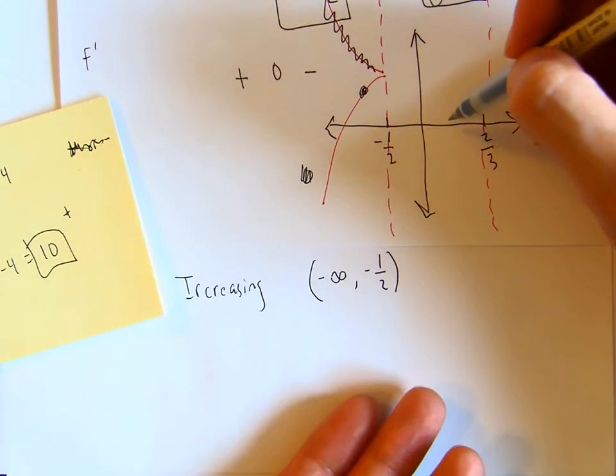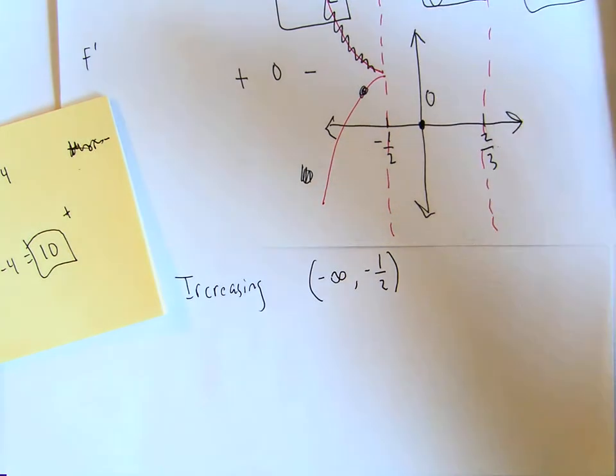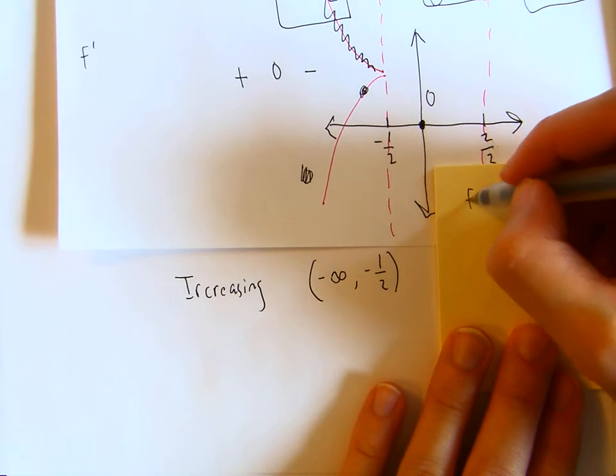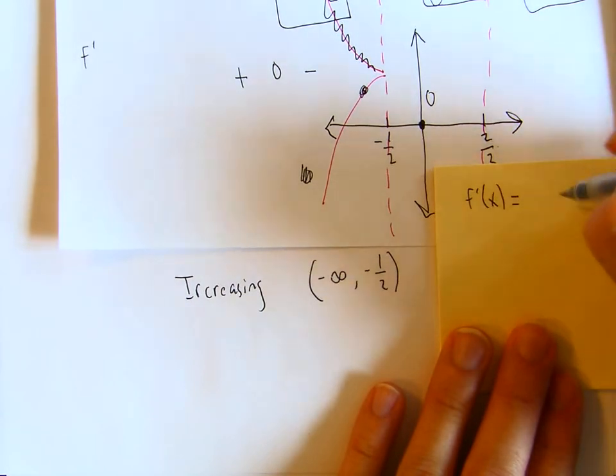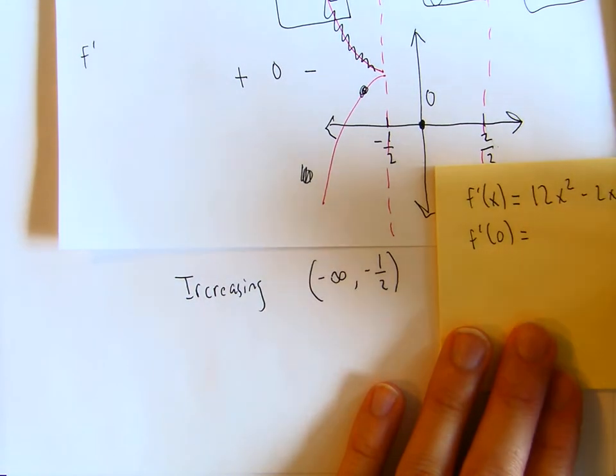What would be the best number to plug in? The best number to plug in is 0, because that will just make your life very easy. So let's plug in 0 to f prime of x. If f prime of x is equal to 12x squared minus 2x minus 4, and we plug in f prime of 0, then you just get 0 minus 4, you're going to get negative 4.